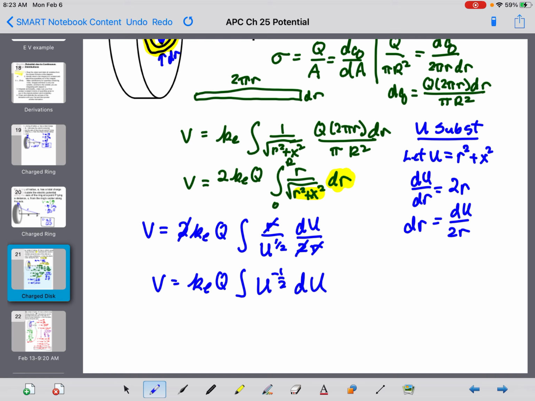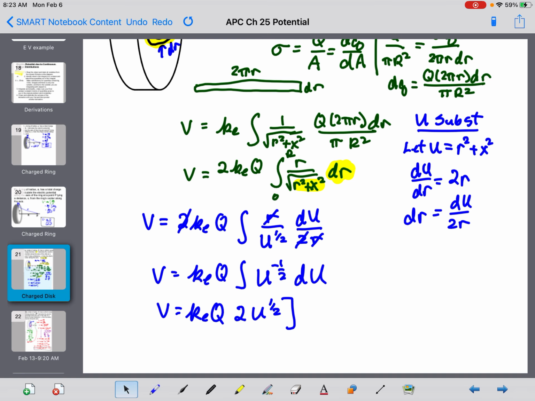Now we can integrate that: increase the power by 1, divide by the new power, so that's going to give me positive 1/2 divided by a positive 1/2. That's going to throw a factor of 2. So I've got 2 u to the 1/2 power, evaluated between my endpoints. We're going to plug back in.